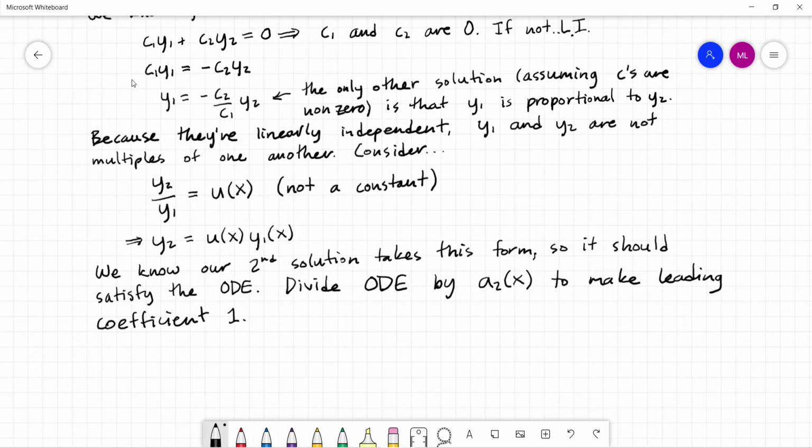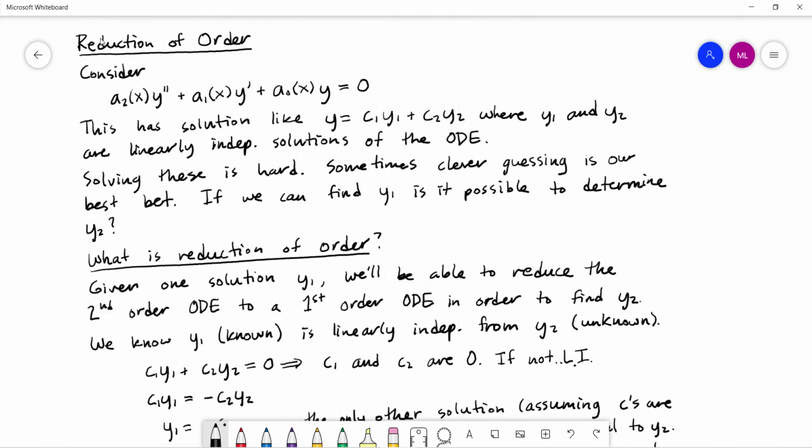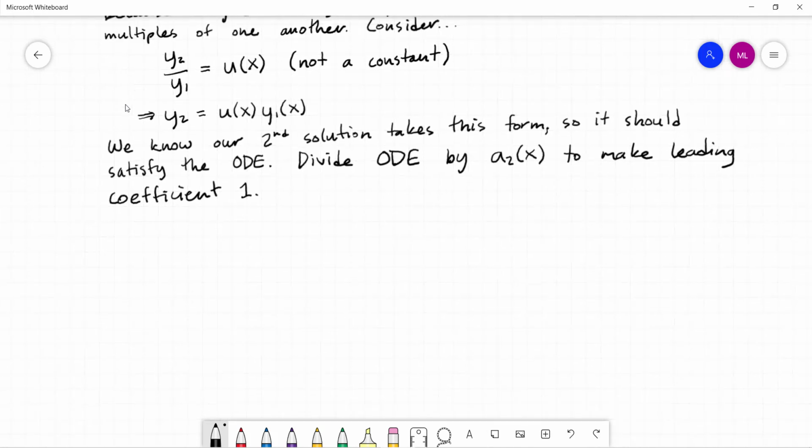I can do that, right? The only restriction would be, well, you can't divide by this if it's equal to 0, but by definition, for this to be a second order differential equation, we already have the restriction that this coefficient can't be 0. At least on the interval that we're interested in solving this differential equation on, the leading coefficient cannot be 0, so we are allowed to divide by it. So keep that in mind.